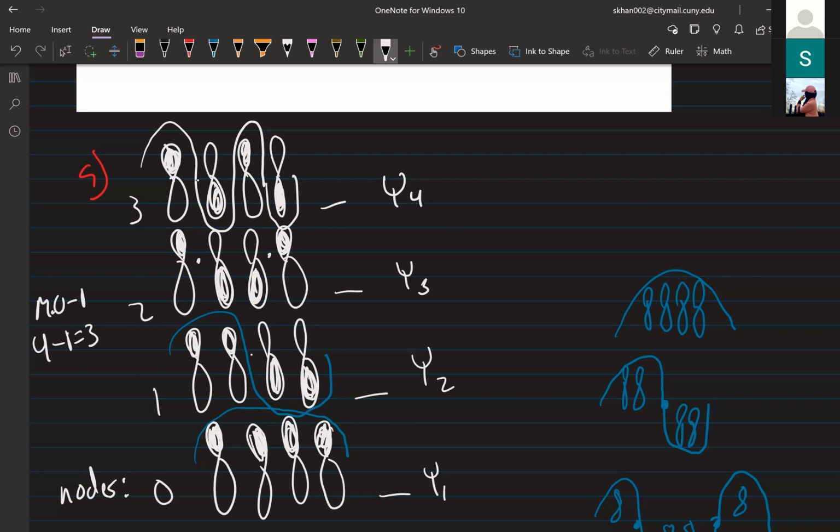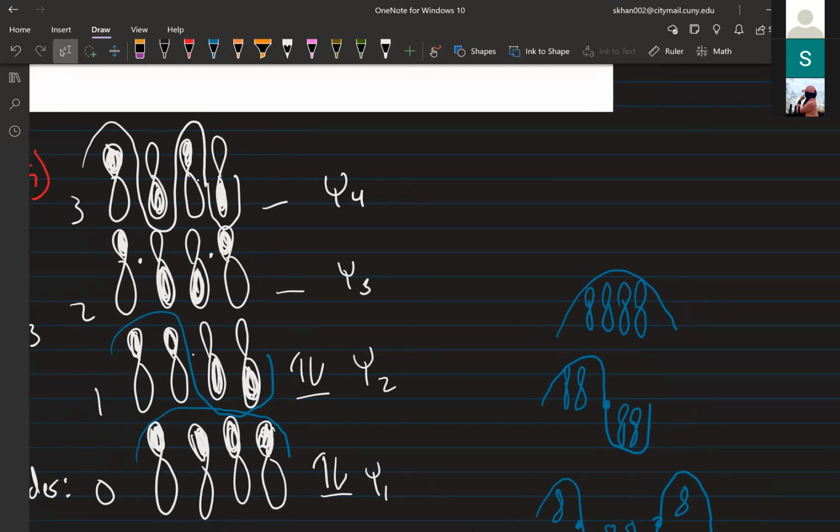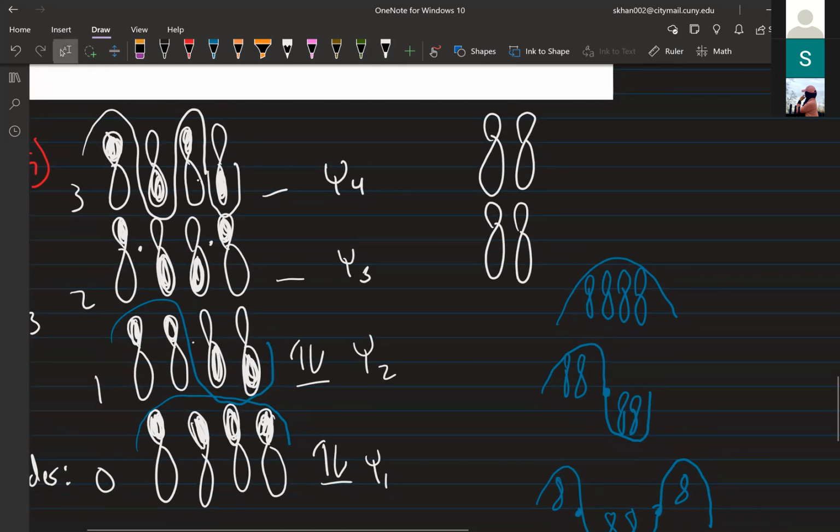So now we just fill up electrons from lowest energy to highest energy. Boom, boom, boom. And okay, let's draw ethylene on the side here. This one is simple.